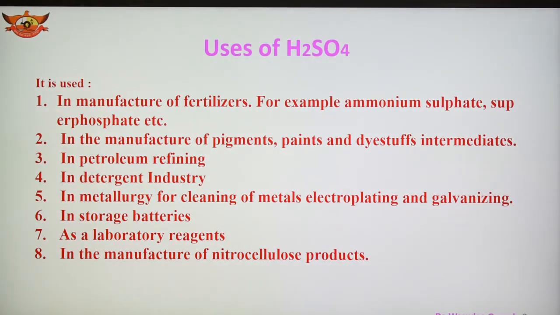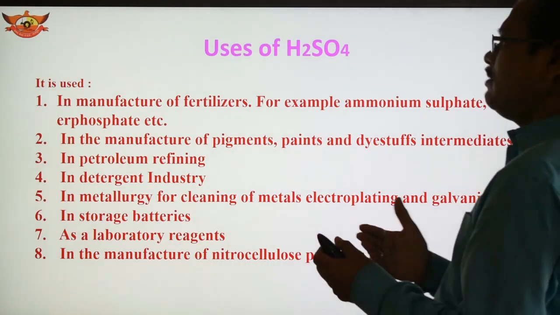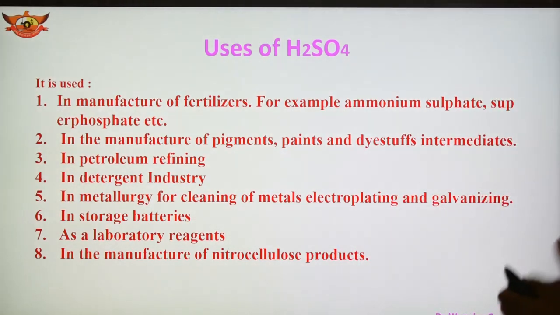It is very important for doing tests; there are a number of tests in the laboratory for identification of acid radicals, such as the concentrated sulfuric acid test. It is also used in the manufacture of nitrocellulose products. So there are a number of uses of sulfuric acid.